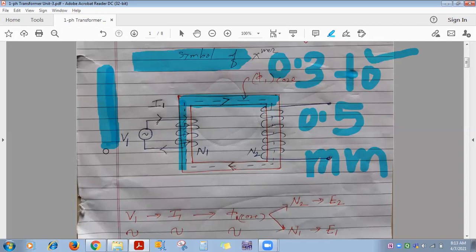And on both sides of these plates, they put varnish. Varnish acts as an insulating material. Why insulating material is required, we'll see soon. So whatever the square or rectangular core, it is not solid, it is laminated.